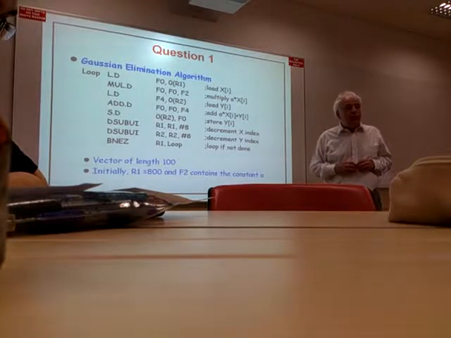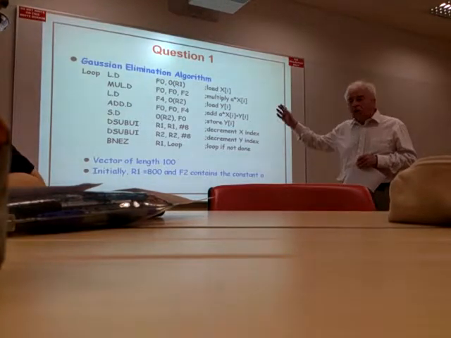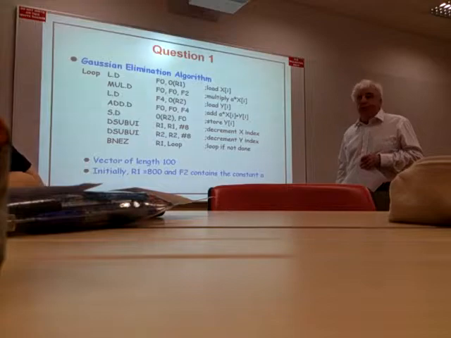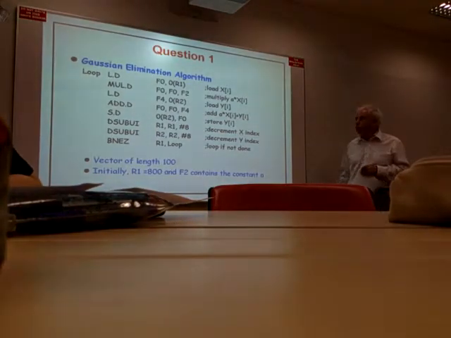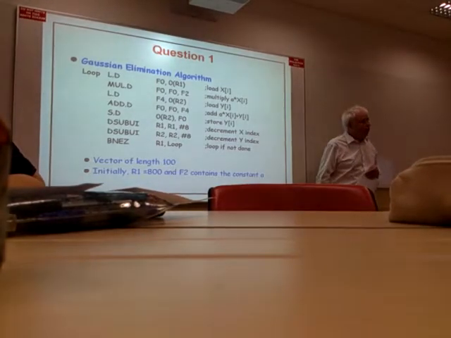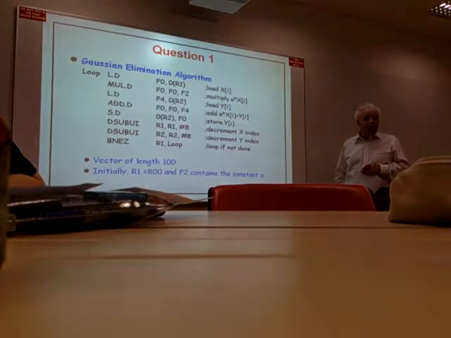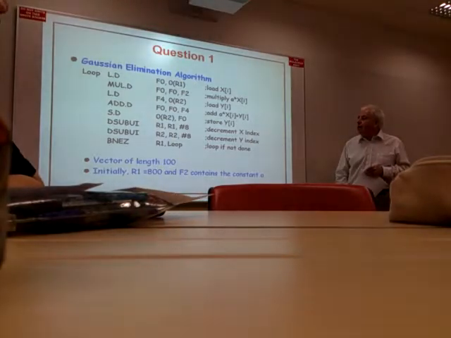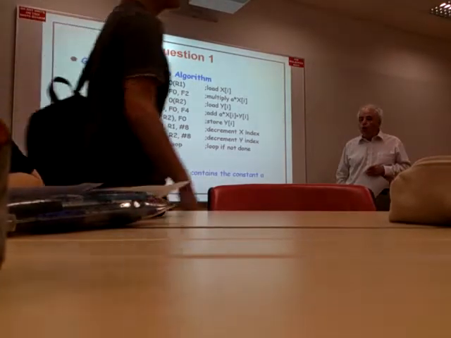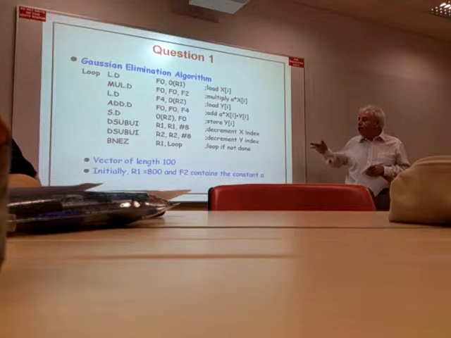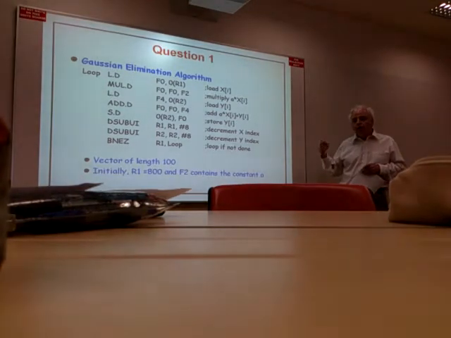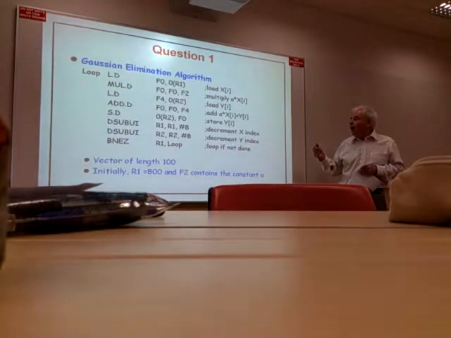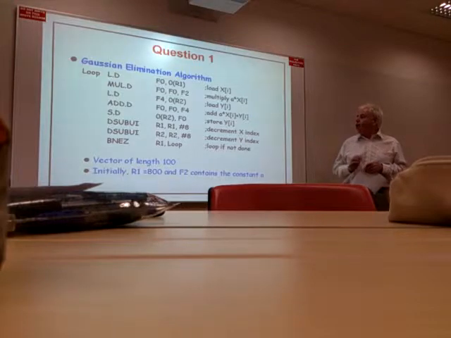Gaussian elimination. Question number 1 gives you some code fragment. This code fragment is part of the Gaussian elimination algorithm, which can be used to solve linear equations. In this algorithm, we try to solve linear equations by taking one row of the matrix and adding together another row of the matrix multiplied by some constant.